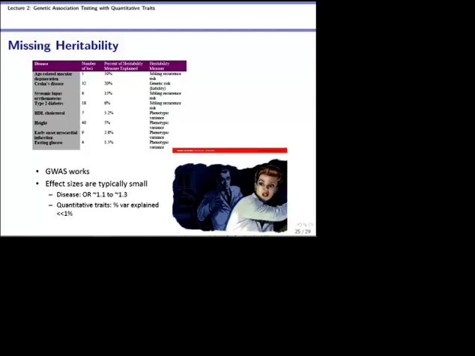Then the idea was that GWAS, covering the entire genome, would identify the variants involved with these different traits. But it turns out that a lot of the SNPs identified in GWAS weren't very predictive of these outcomes.